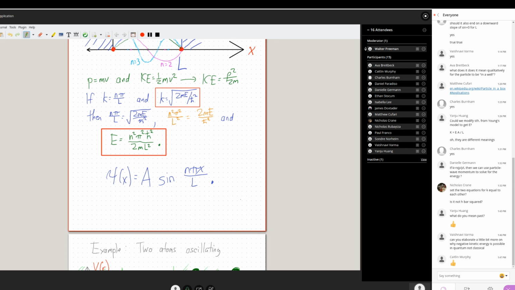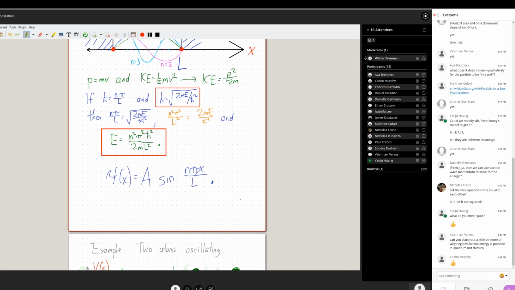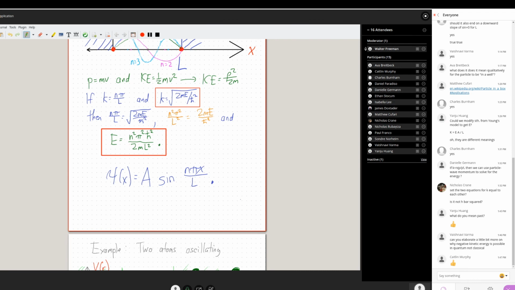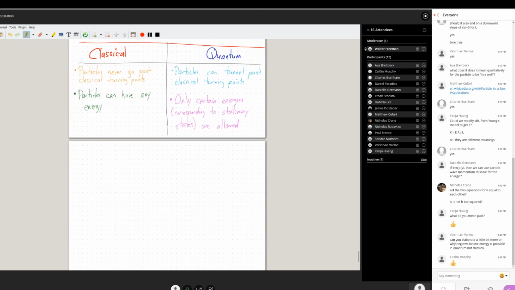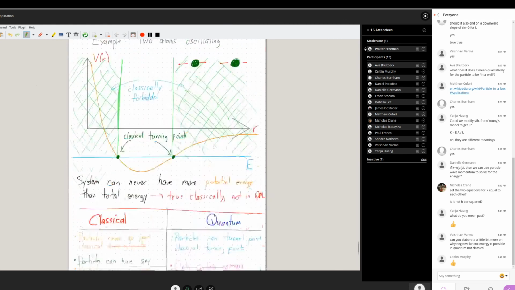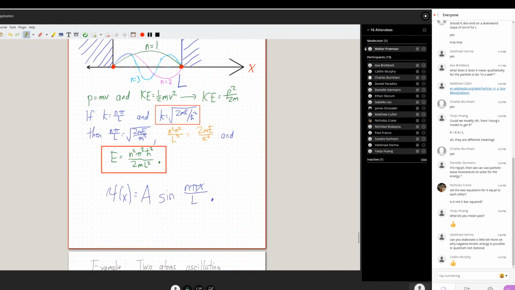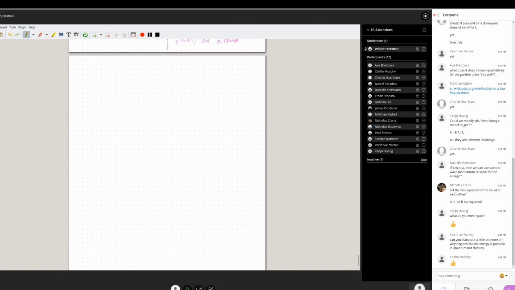So Vaishnavi asks, can I elaborate a little bit more on why negative kinetic energy is possible? So it turns out that we have this relationship. And this will be the last thing we do today. So we know that k is the square root of 2mE over h bar squared, which is what I forgot earlier.